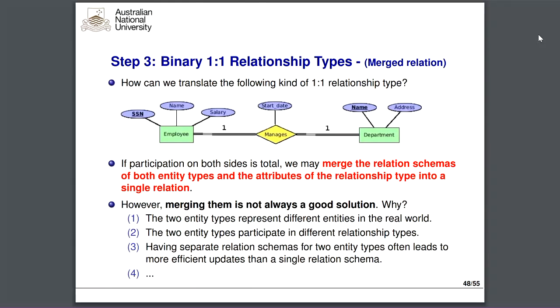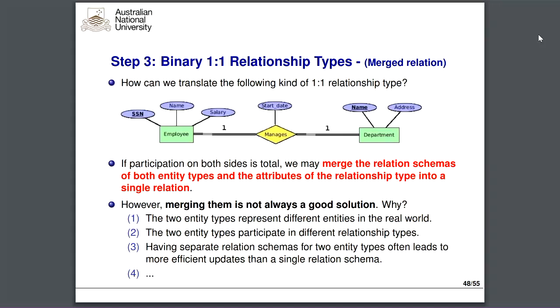In cases like this, the two entity types represent different entities in the real world. They are different, and if you combine them, maybe you have a good story, but there can be cases where it's better to manage them separately. Another reason is that the two entity types may participate in different relationship types as well. Having a separate relation schema in this case leads to more efficient updates than a single relation schema.